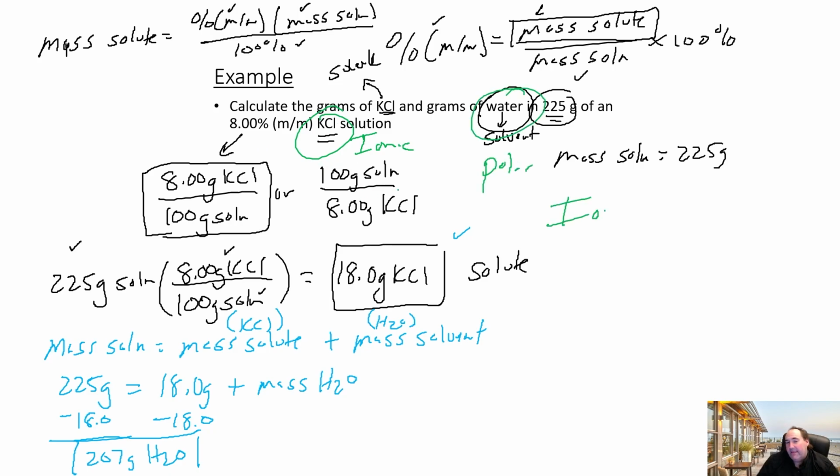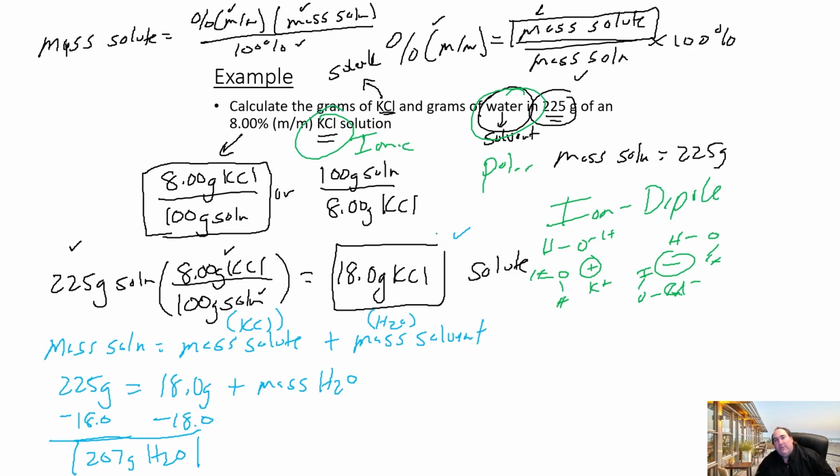So once again, that's going to work well because it can do that ion-dipole interaction: when we put our K+ in the solution and our Cl- in the solution, the water is going to have no problem surrounding these and dissolving them, as we talked about earlier in this chapter. So once again, water is oftentimes a really good solvent, used a lot for ionic and polar things. But as we saw in the previous example, it's not the greatest choice for nonpolar things.